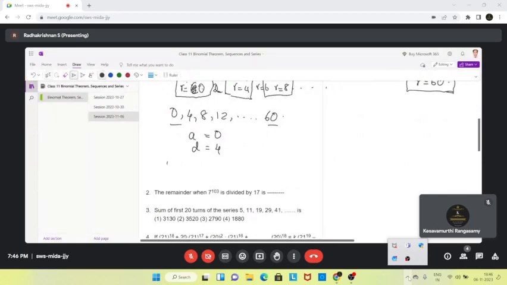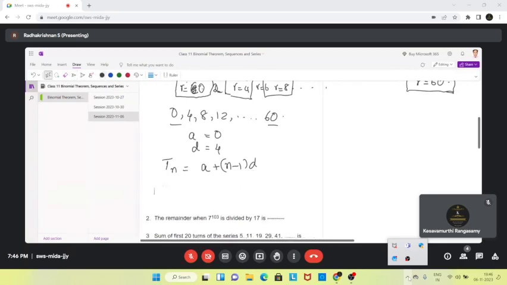So the nth term will be a plus n minus 1 into d. Now we know that the nth term is 60. So what is n? That is what you have to find out. So 0 plus n minus 1 into 4 equal to 60. N equal to 16. So that is the answer.